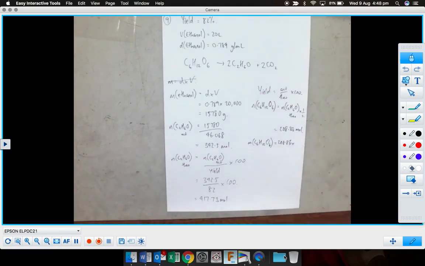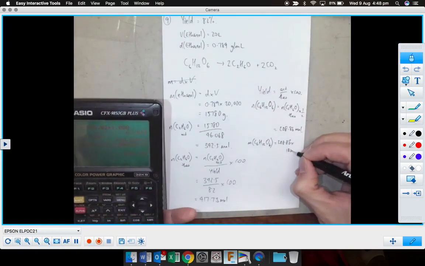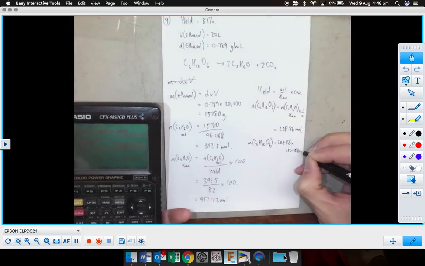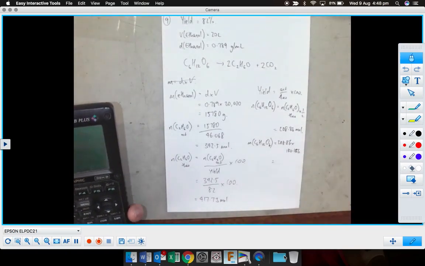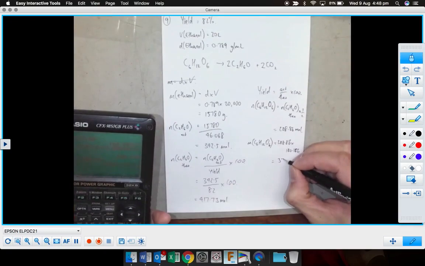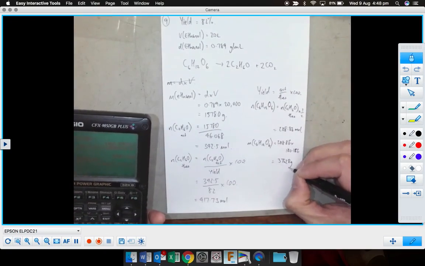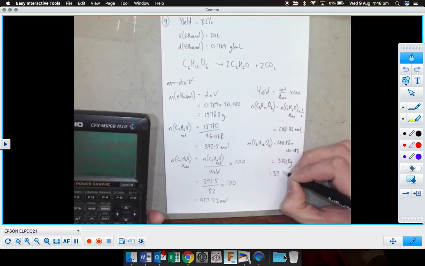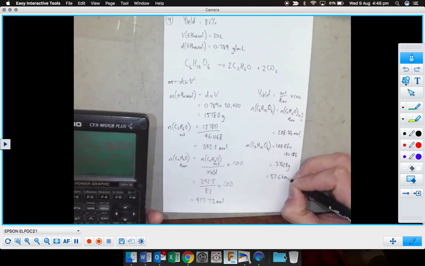What's the molar mass of sugar? 6 times 12.01 plus 12 times 1.008 plus 6 times 16, 180.156, which happens to be then 37628 grams, which is equal to 37.6 kilograms.